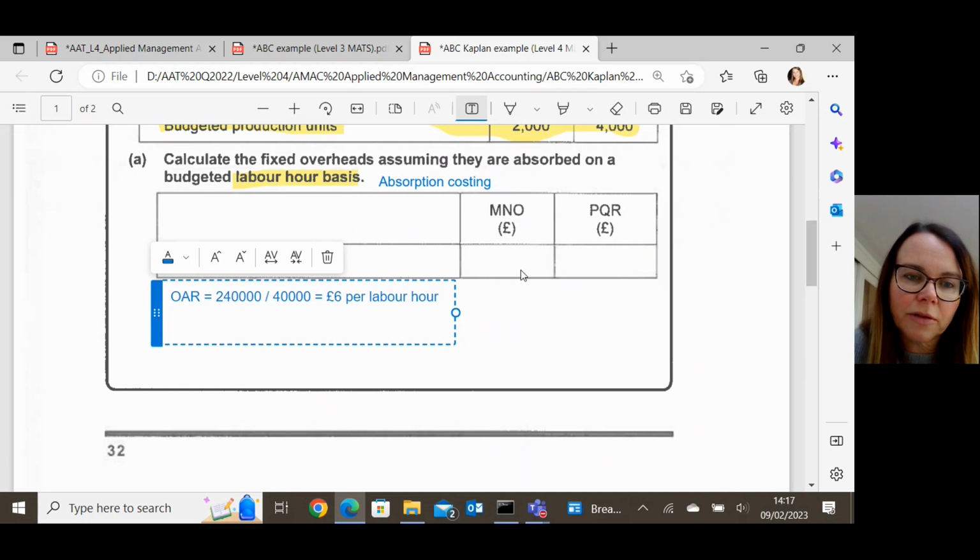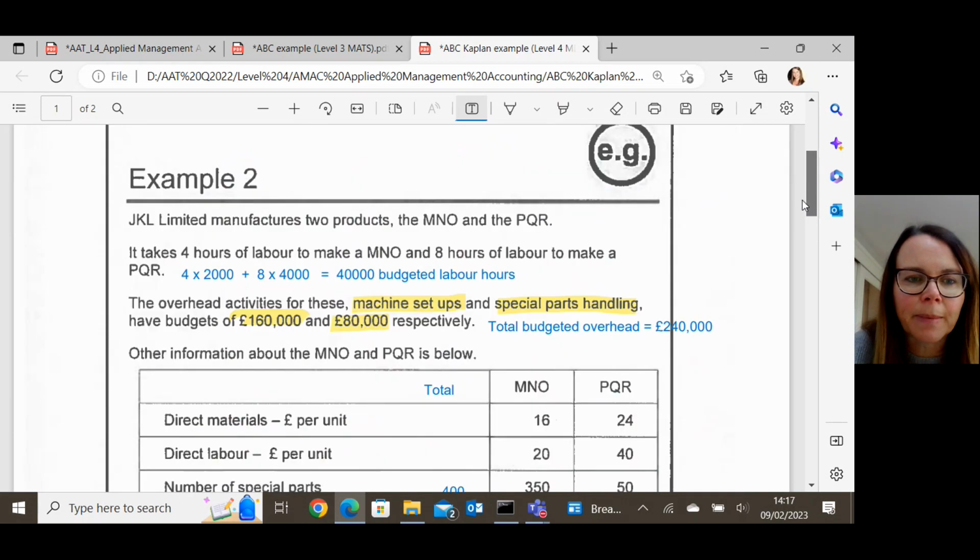To work out my fixed overhead for the MNO, I need to know how many labour hours the MNO is using. We can work that out right up here, because for the MNO, we said it was 4 hours to make 2,000 products.